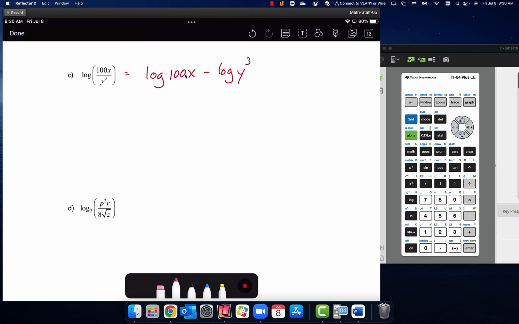Now notice in this first piece, it's a product. So we can expand this into two logs using a sum. Log of 100 plus log of x minus, here we'll use the power rule, 3 log y.